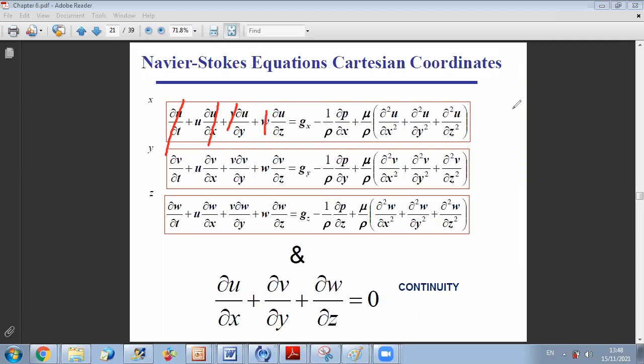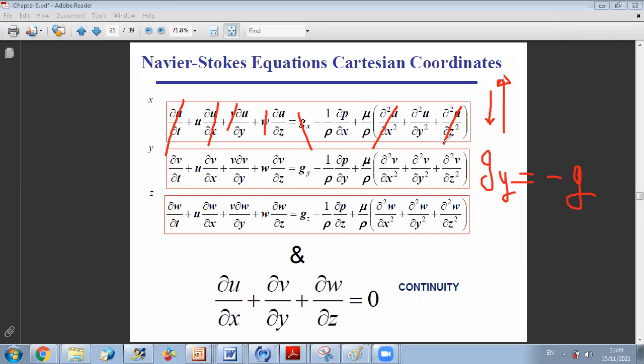Now, in this problem, y is the vertical direction, so the g vector is only along y, so we just have gy equals minus g, and therefore gx is 0. And now also we said that u is only a function of y, so the second derivative of u with respect to x is 0, and the second derivative of u with respect to z is also 0.